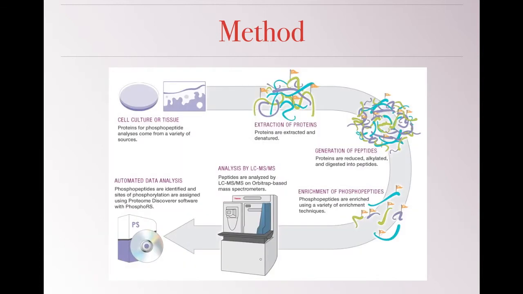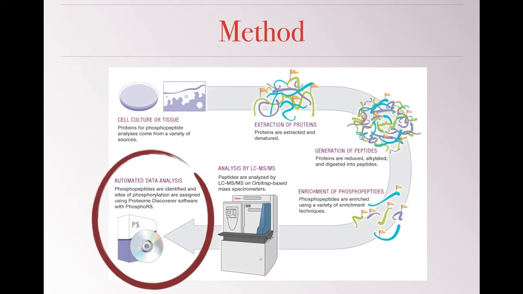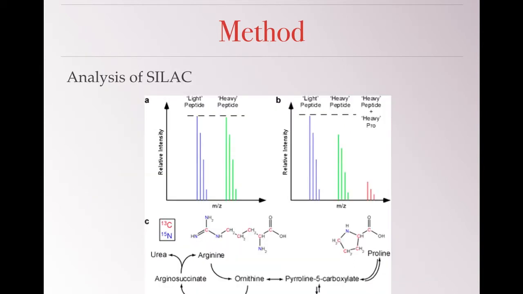The results obtained from LC-MS are then analyzed using database search-based or computer technology. For analysis of SILAC, the differentially labeled peptides having the same amino acid sequence are detected in the MS spectrum, and the relative abundance of their peptides can be compared by calculating their ratio.